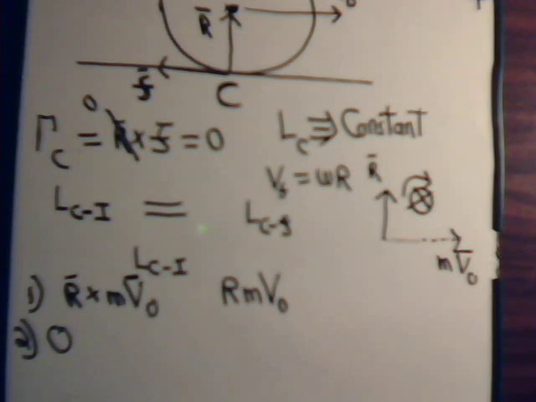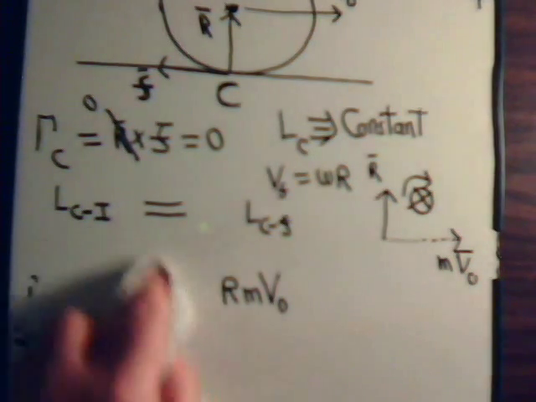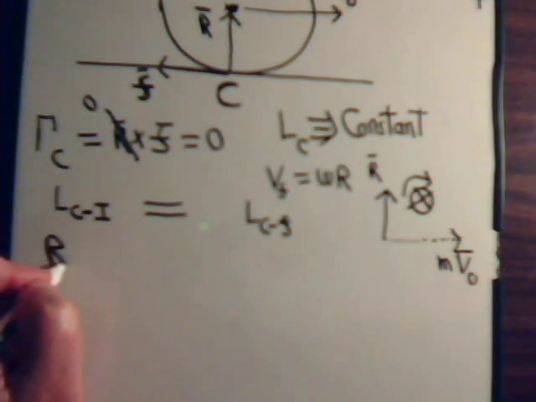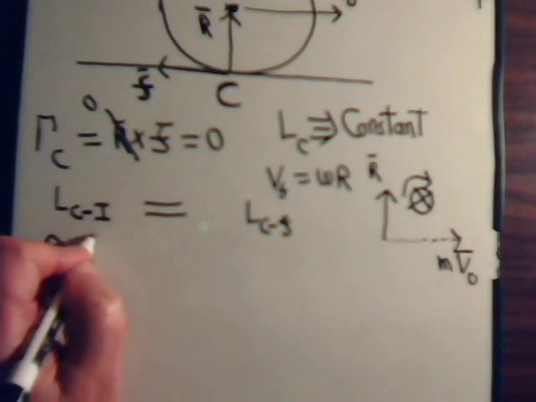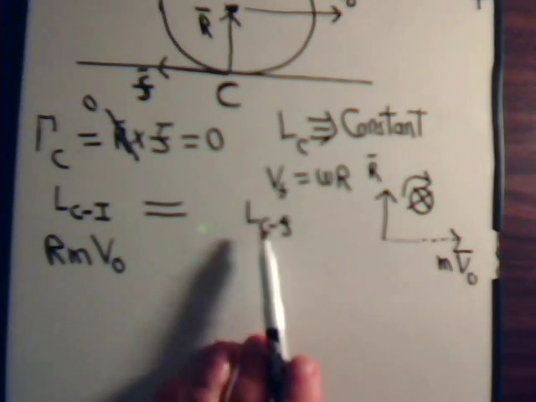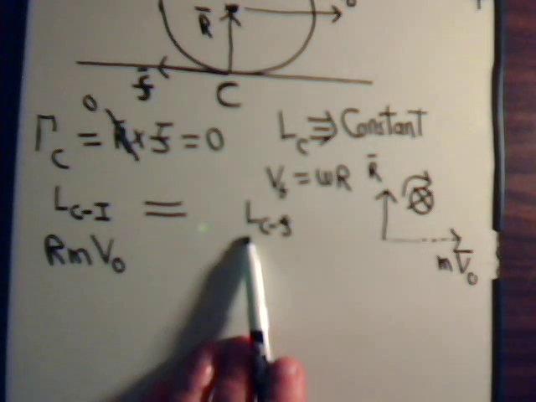So let's write it up here. This is Rm V naught. Okay, now let's consider here then the final angular momentum.